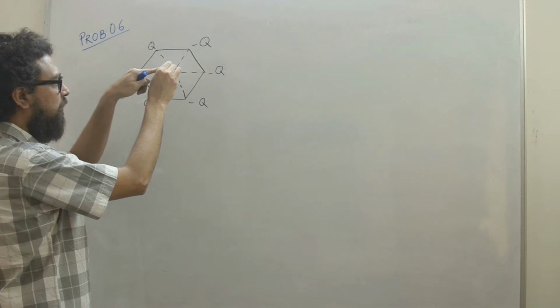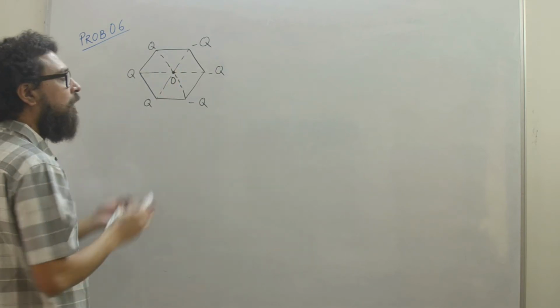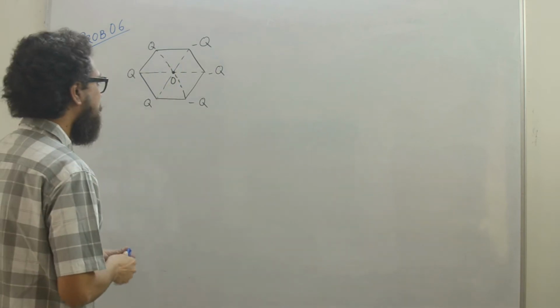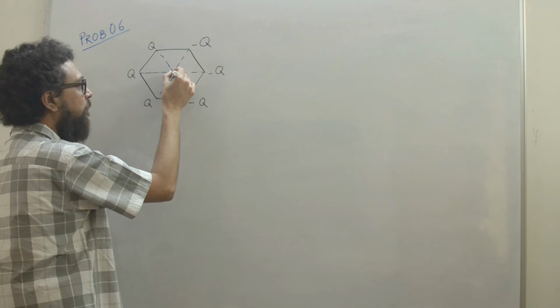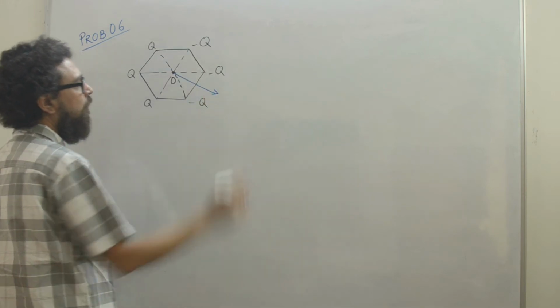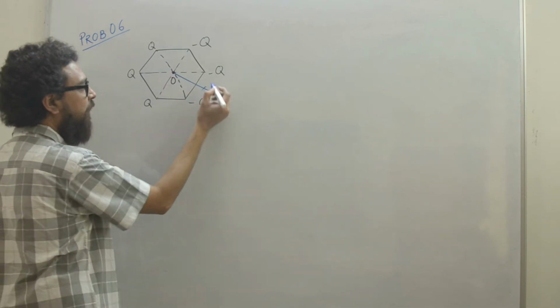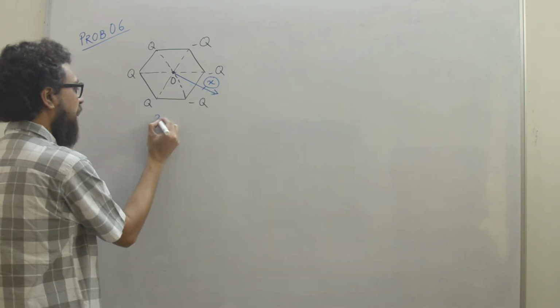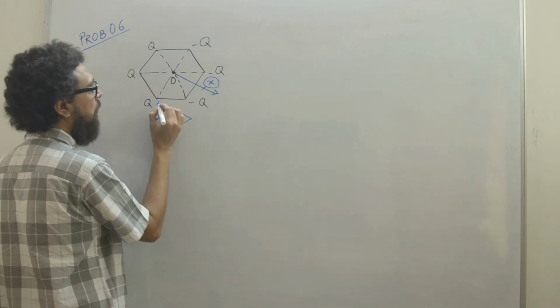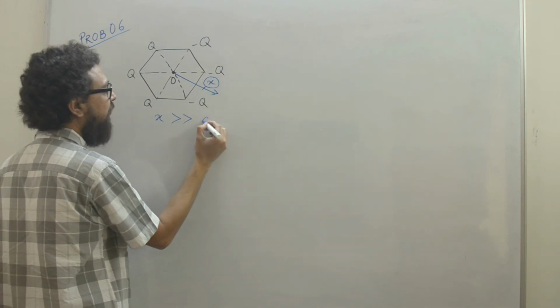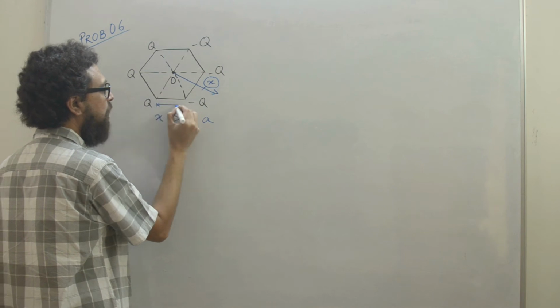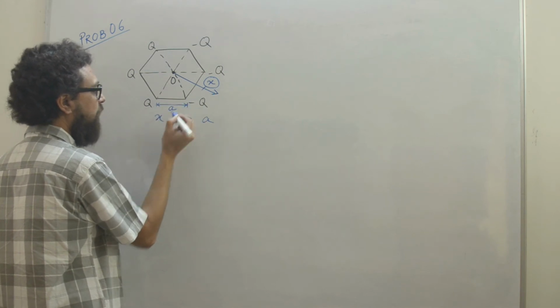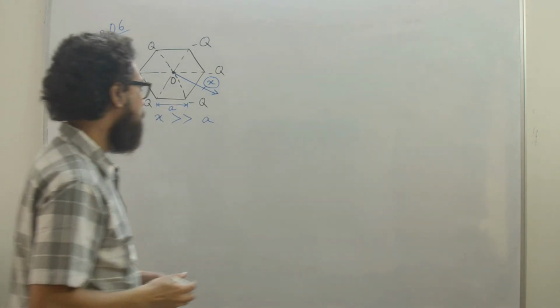From O, the distance is x, but it is on the line perpendicular to the plane. They have also said that x is much greater than A, where A is the side of the hexagon.